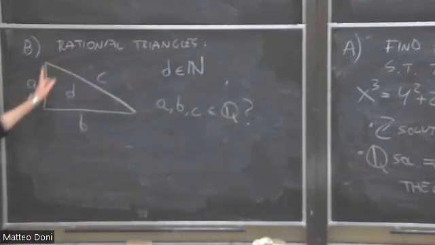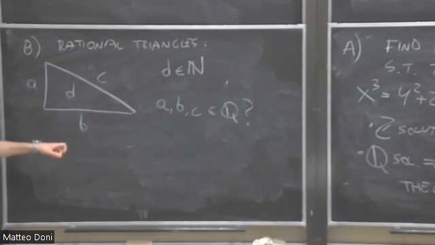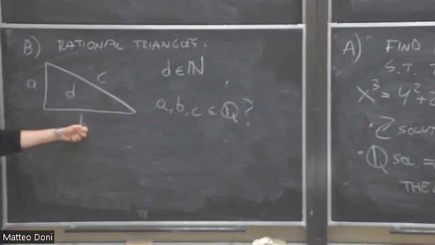Can you construct such a right triangle with this area and sides which are rational numbers?